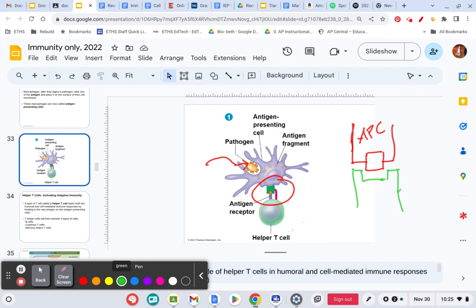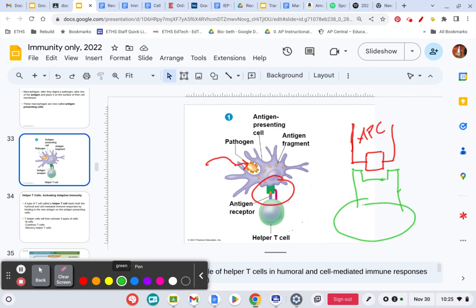And that's going to be on the surface of that cell. That's rather large, but they're much smaller than that. So it's complementary to it. It's like, now I know what it looks like. I can tell my friends. I can tell my B cells, and I can tell my T cells what's going on.